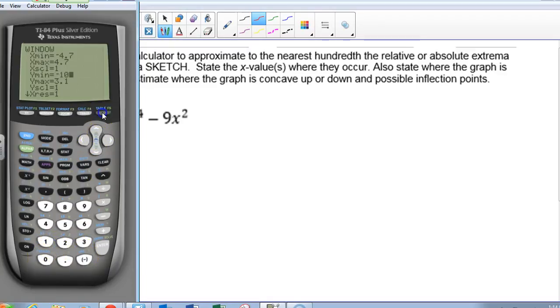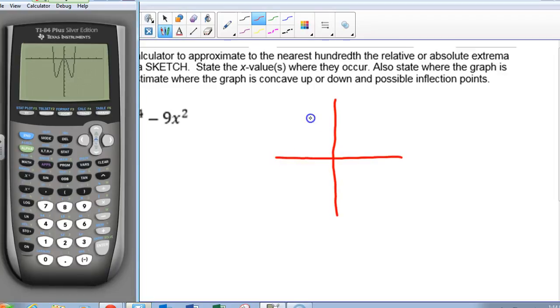Your x's are -3 to 3. All right, mine's not bad. I'm just going to leave it. I'm being lazy. Okay, let's go, guys. Somebody find mins and maxes while I'm attempting to sketch. My sketch is stinky.